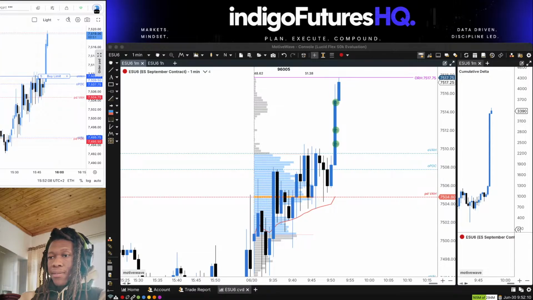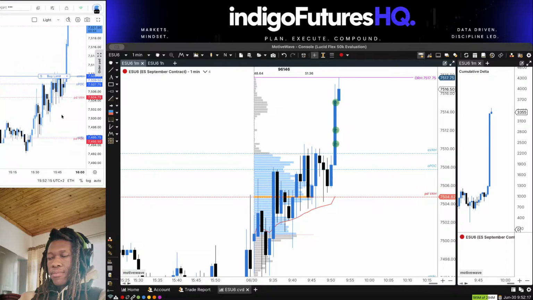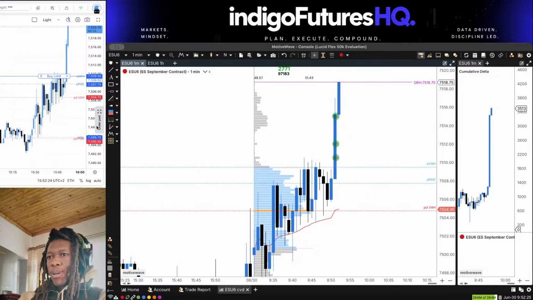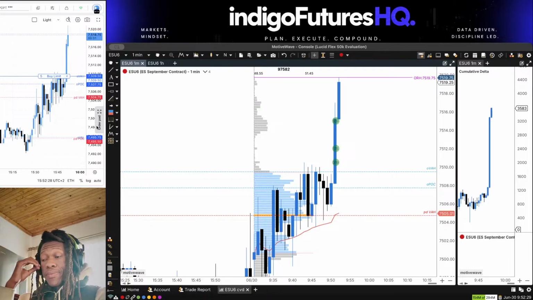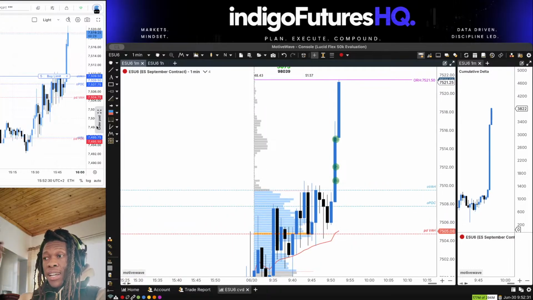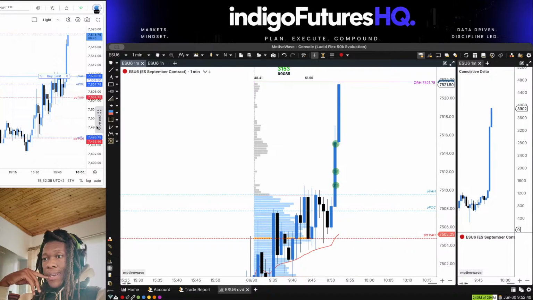Doesn't look like it. At that moment, I did think of putting a buy stop. I was like, yeah, maybe let's put a buy stop, but nope. Sucks because that's really our only level. That's the only level we got right now.